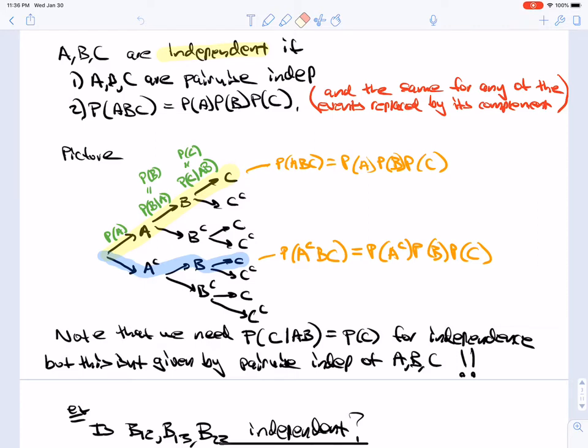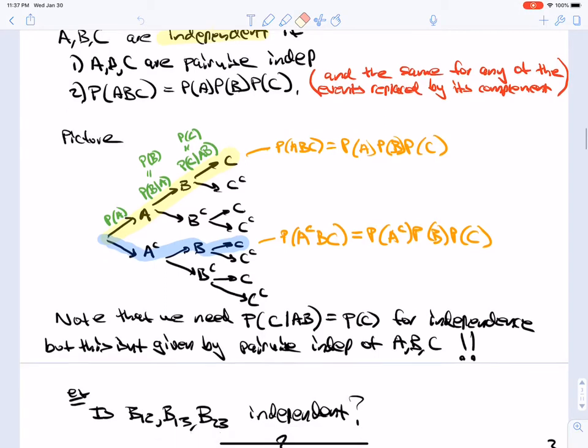Pairwise independence does not give you this equation here because it involves all 3 letters. So that's one way to understand why independence is a stronger condition on A, B, and C than just pairwise independence.